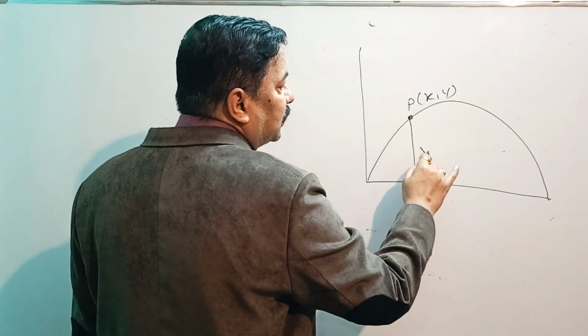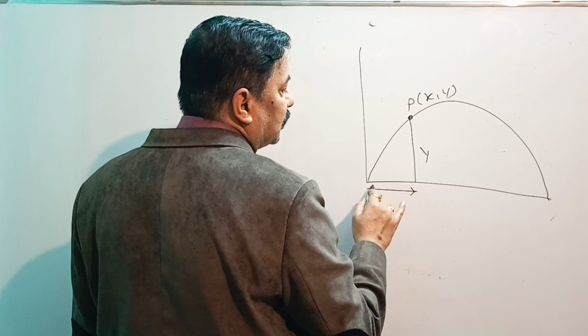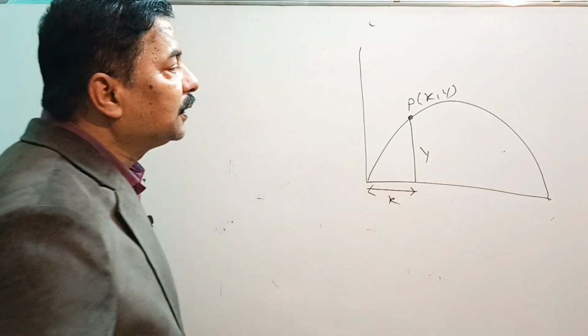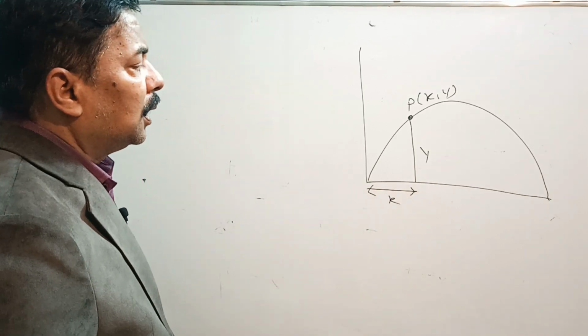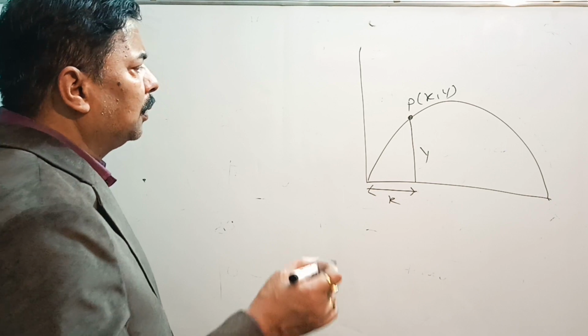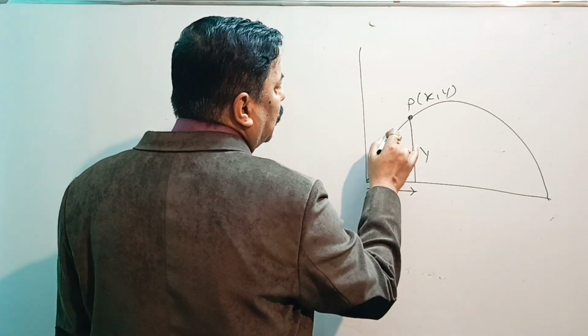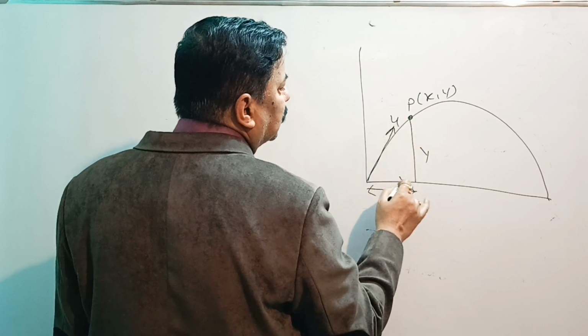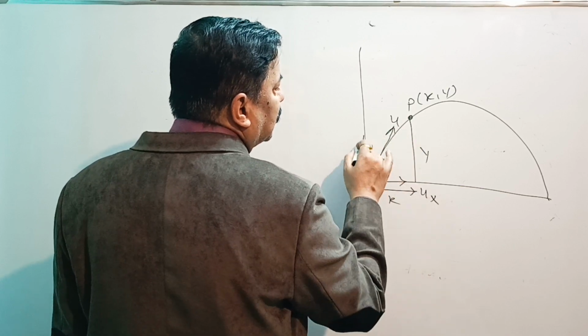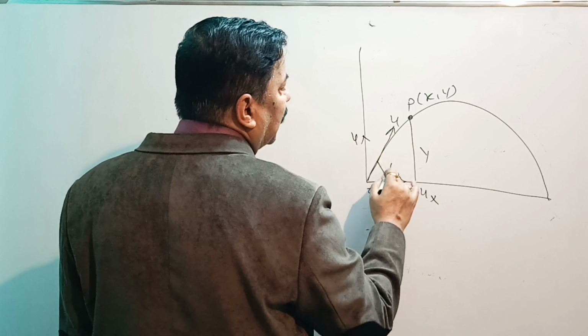So this distance is y and this distance is your x. We have to find the relation. The velocity of projection is u, this is your ux, this is your uy, and this angle is theta.